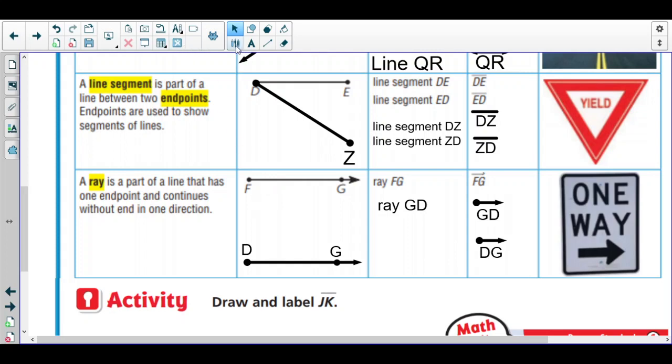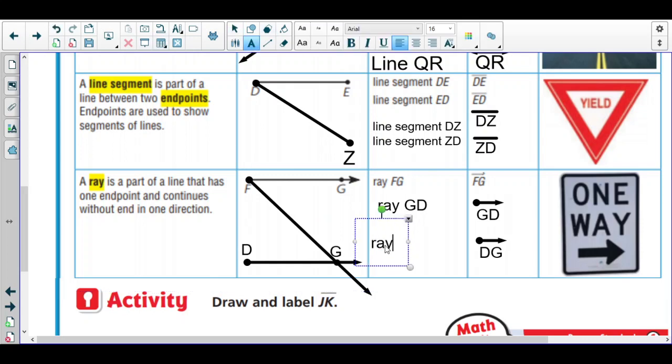What about this one? What if we had this line right here? Not really a line. What would the name of this ray be? Okay, that would be ray FG.